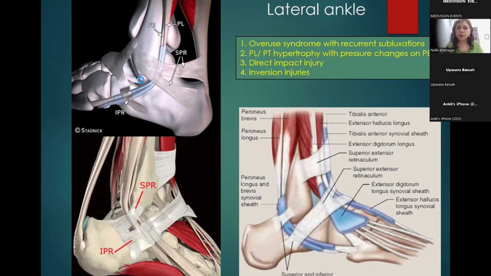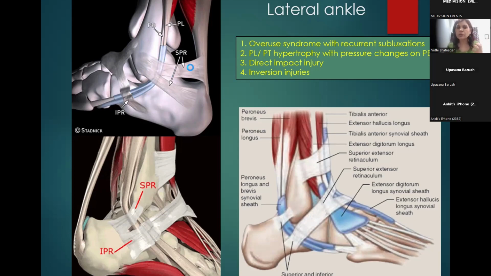And from the tip of the fibula, going about 1 centimeter down, they split and are encased in separate tendon sheaths. They pass through the retromalleolar groove or retromalleolar sulcus. Now, it's very important to understand that these two tendons need to be strengthened or supported. So we have what we call the superior peroneal retinaculum.